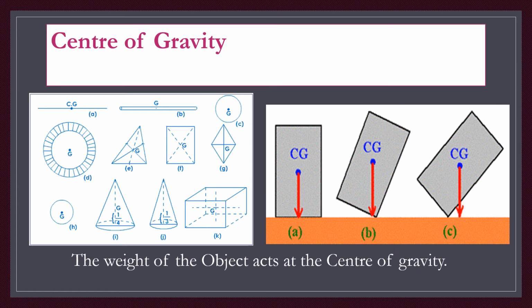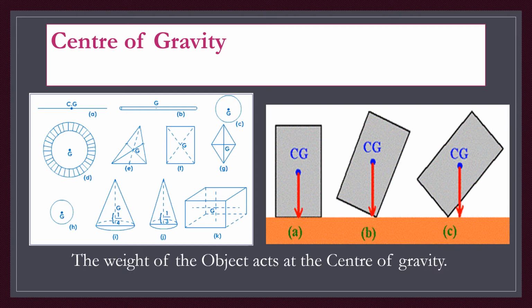Center of gravity. All objects have a weight. This weight of the object acts at the center of gravity towards the earth. According to the first picture, you can see that all the centers of gravity are at the centers of the objects.